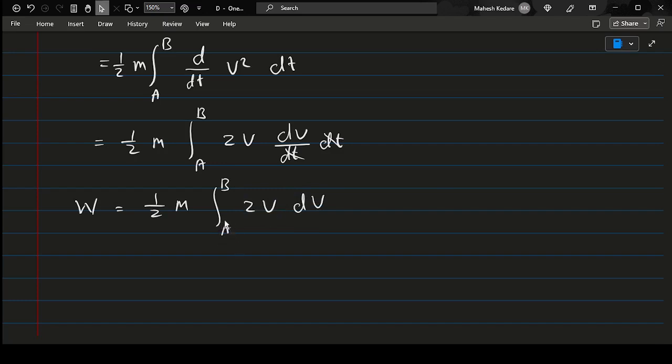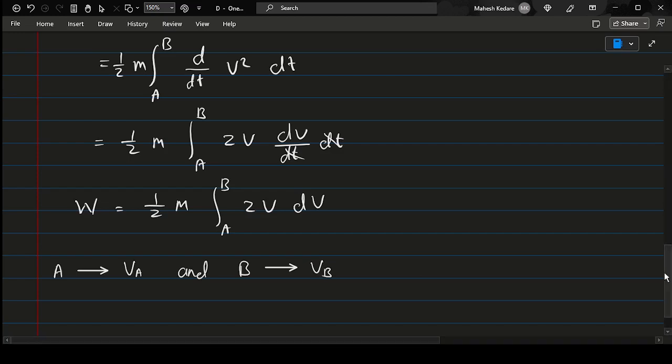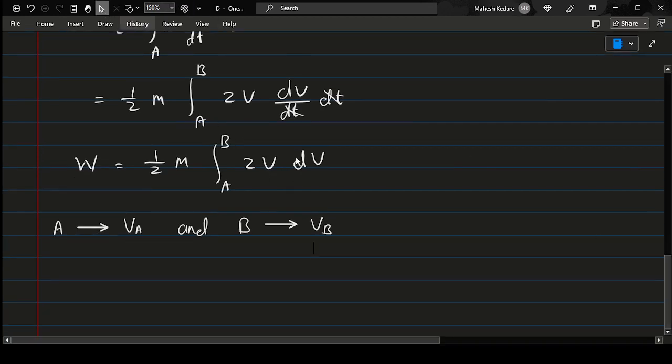At the beginning, which is denoted by a point A, there is a certain value of velocity. We denote the velocity at position A by VA and the velocity at position B by VB, and replace the integration limit by velocity limit, and we get work equal to integration from VA to VB of v dv.